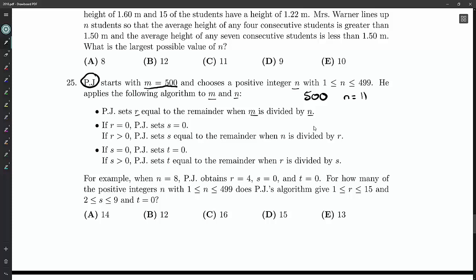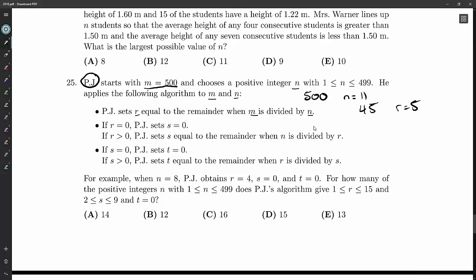Suppose n is 11, then 500 divided by 11 is going to be 46. Nope, that's too much. 45 with a remainder of 5. Okay.